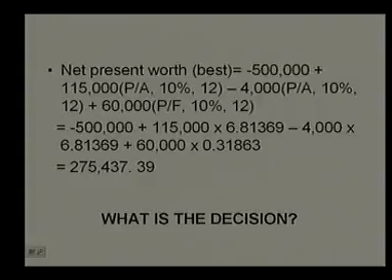It would be minus 500,000 plus 115,000 P given A at an interest rate of 10% for a period of 12 years, minus 4,000 multiplied by P given A at an interest rate of 10% for a period of 12 years, and finally plus 60,000 multiplied by P given F 10% 12 years. And you find the net present worth equivalent to 275,437.39.